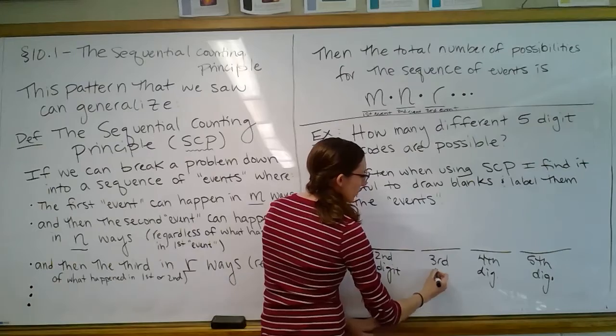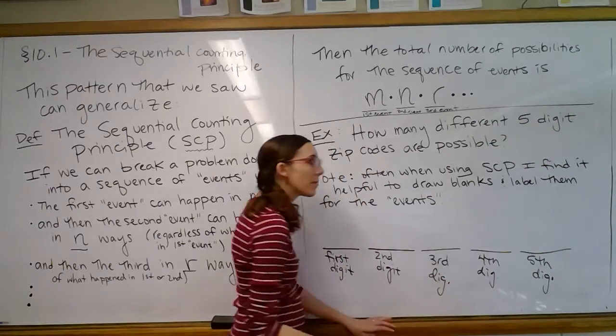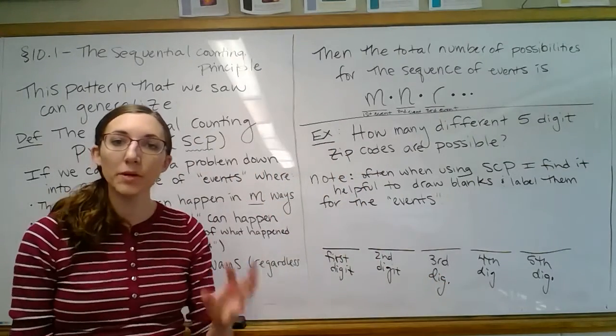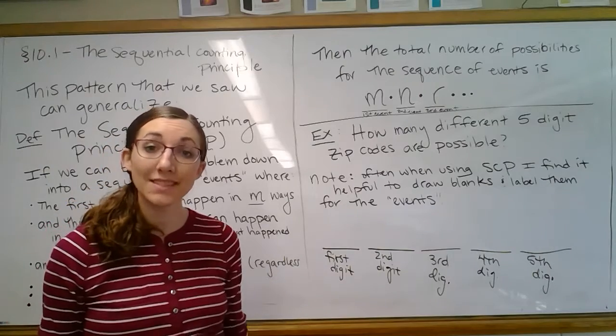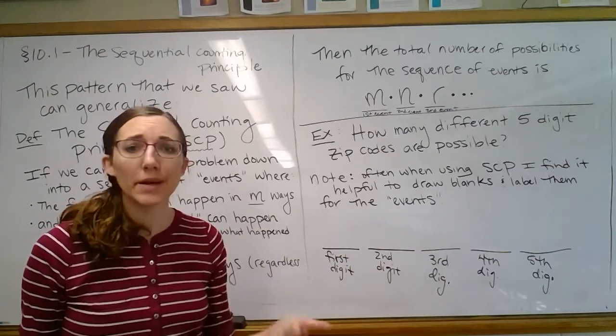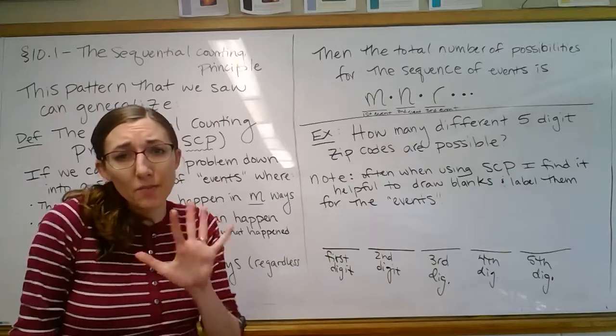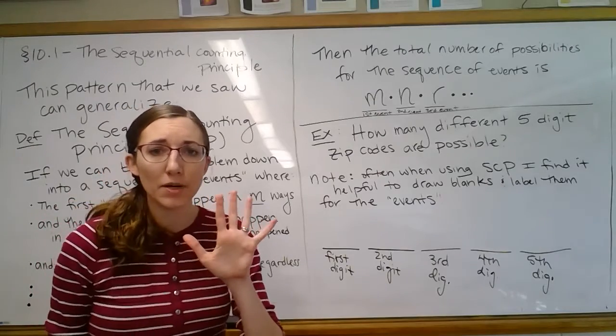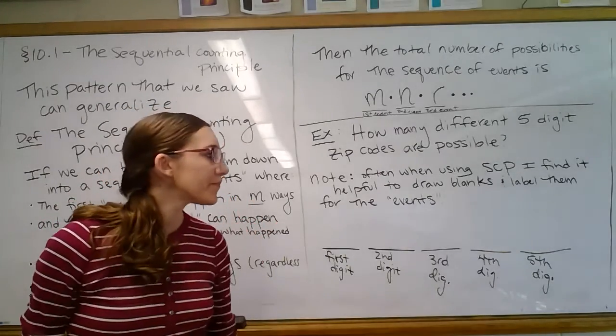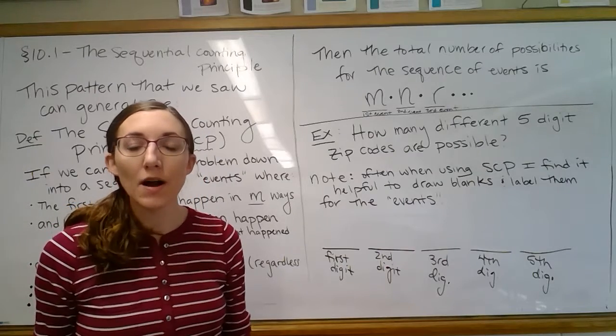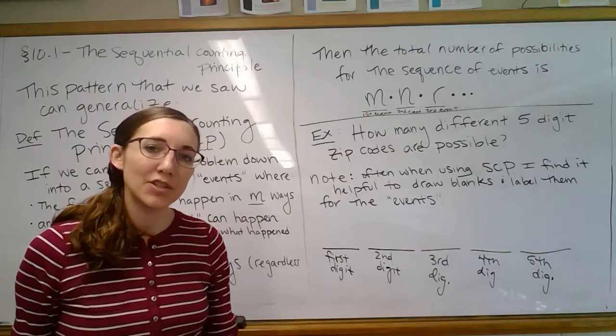So a third digit, fourth digit, fifth digit, right? If we think about it, the problem could be broken down into those steps. Pick a first number, pick a second number, third number, fourth number, fifth number, and you'll get your string of 5 numbers, and they are in order. Now all we have to do is think about how many ways can I do each of those?